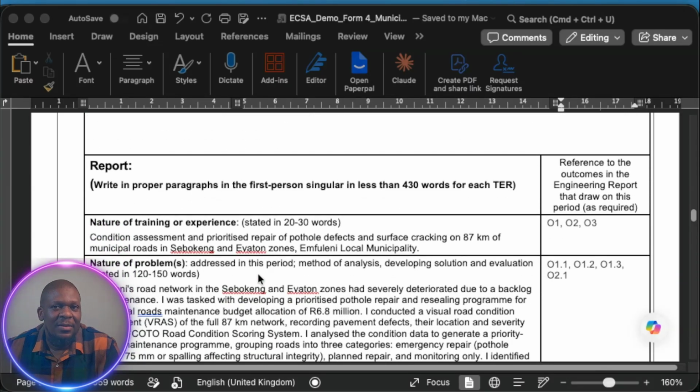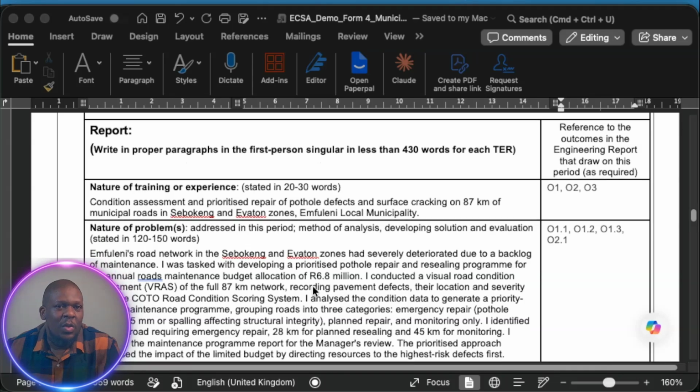Then the second thing you need to capture is the nature of problem. What is the problem you are addressing? Remember, we said a problem can be a problem within a project or a problem that is a project. Like in this case, the problem is the condition of roads within that municipality.